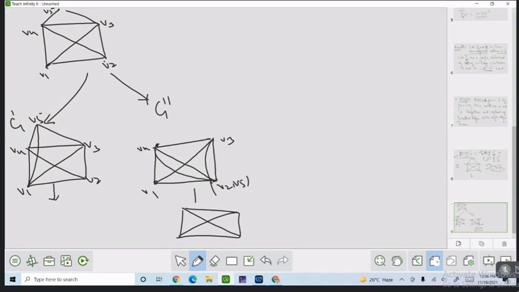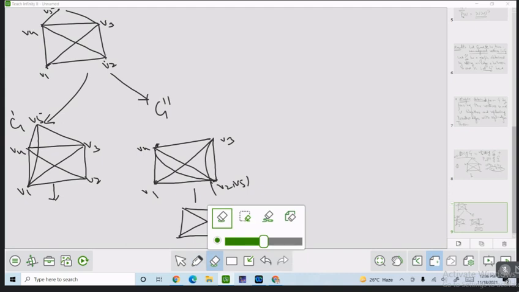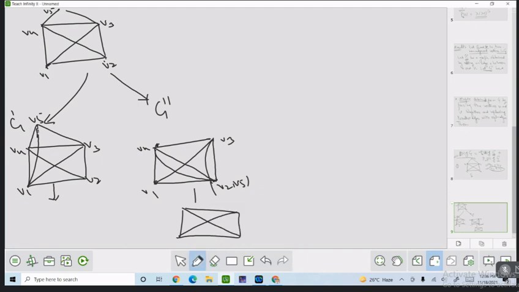That went wrong. Wait. Here it could be 1, 2, 3. Okay, this was, it is not a complete graph also.